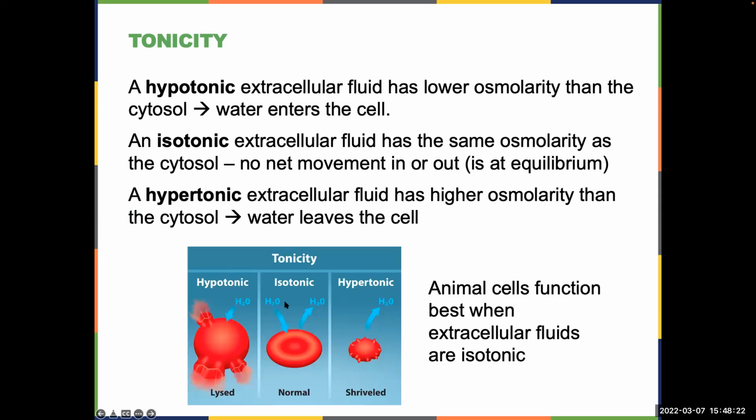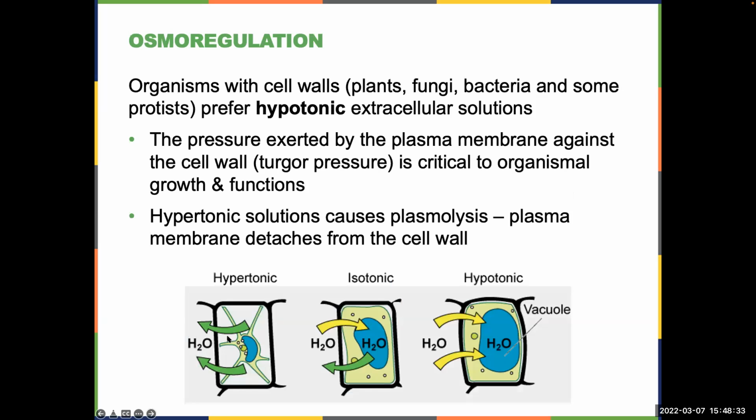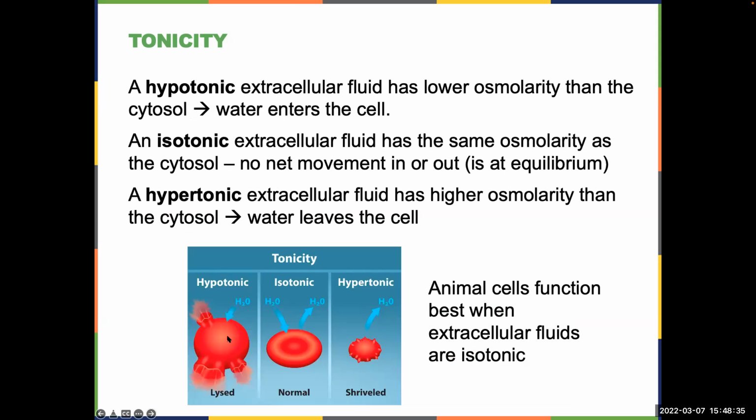Okay, and as you saw in lab today, red blood cells burst open if placed in a hypotonic solution because there's so much solute inside the cell that water is going to rush in. And then there's no cell wall, so it will end up bursting open before any equilibrium is reached.